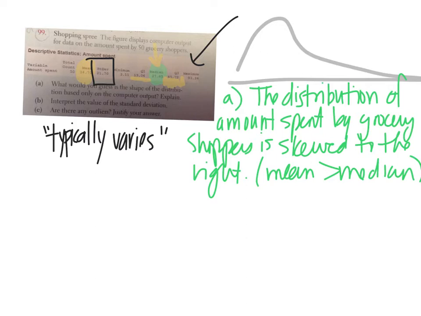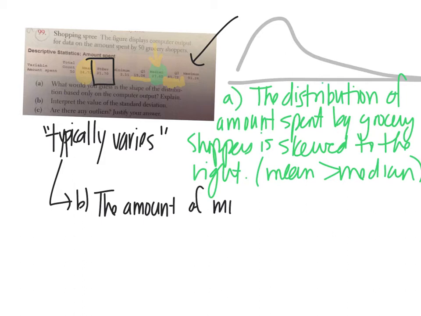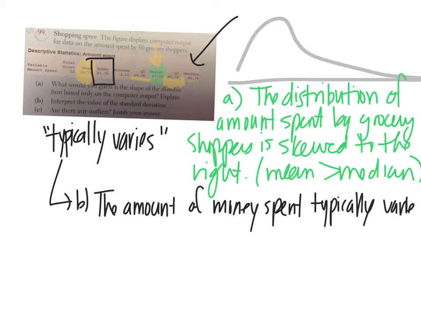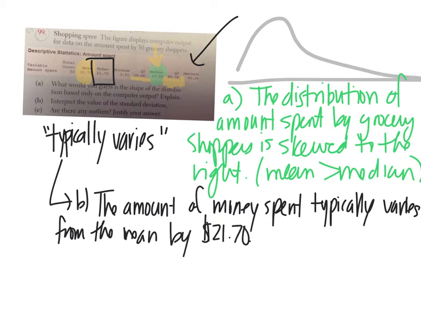So we need a context again. So for part B, we would say something like the amount of money spent, because that's what we're talking about here, typically varies from the mean by $21.70.